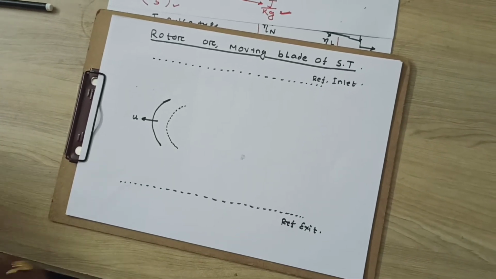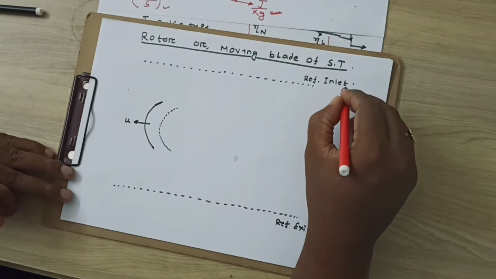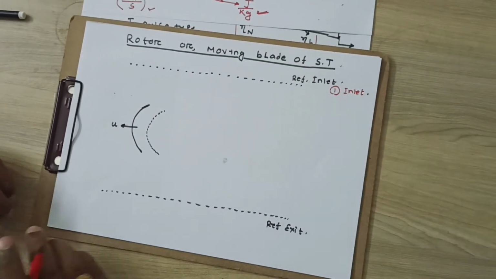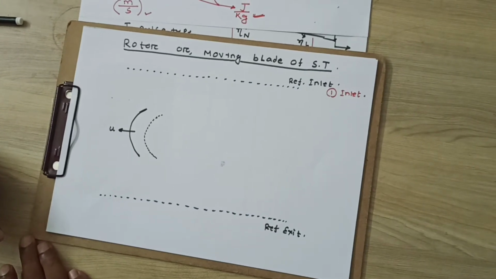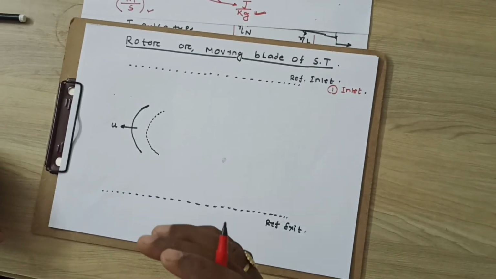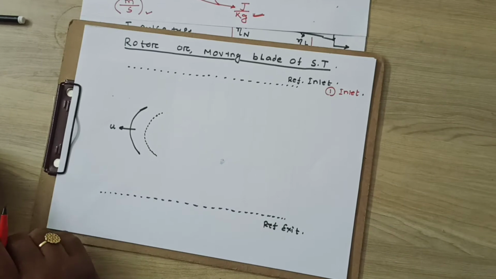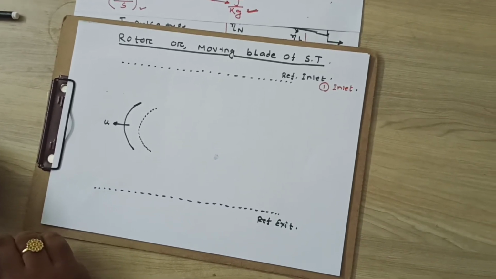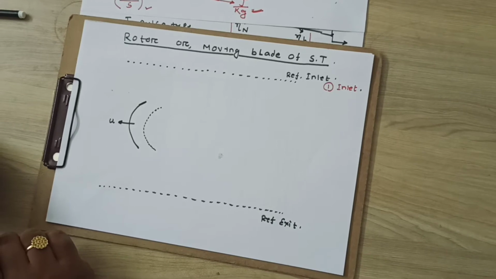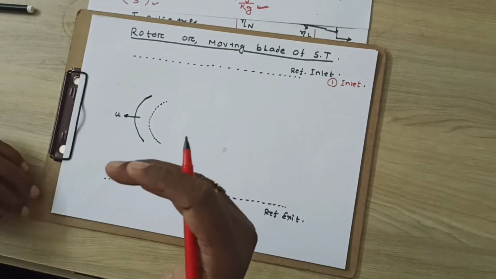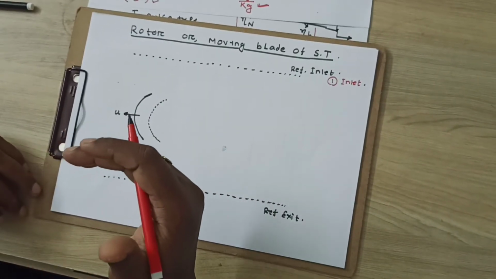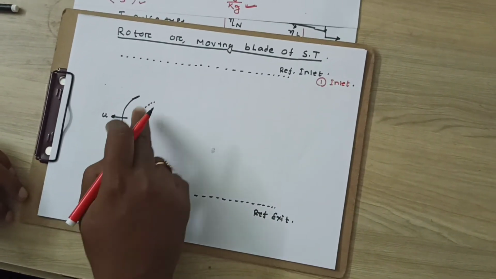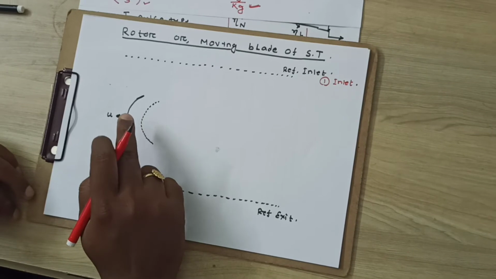So the first thing I will go for is the inlet velocity triangle. In the inlet velocity triangle, the steam jet has to be provided from the nozzle at an absolute velocity of V1 and at some angle, as a result of which it comes inside and gives some momentum.